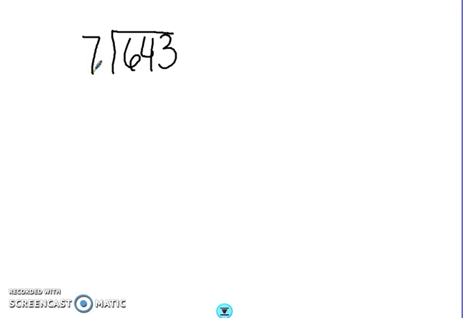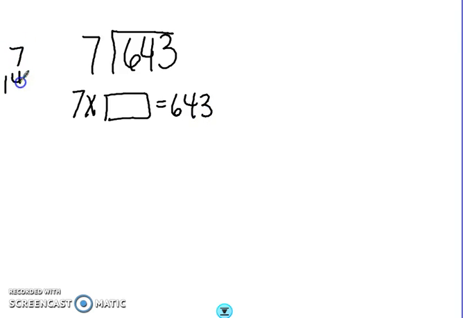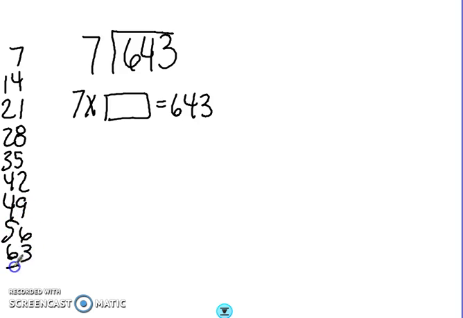Okay, so doing the ice cream cone way, we would write 7 times some number equals 643. And then we would roll our 7s. 7, 14, bop, bop, 21, 28, bop, bop, 35, 42, bop, bop, 49, 56, 63, 70, bop, bop.